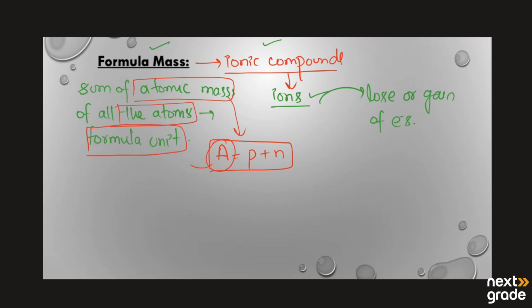Let's discuss one example. For example, we have sodium chloride. It is an ionic compound, and its formula is known as the formula unit. Sodium has mass number 23, and chlorine has 35.5 AMU.